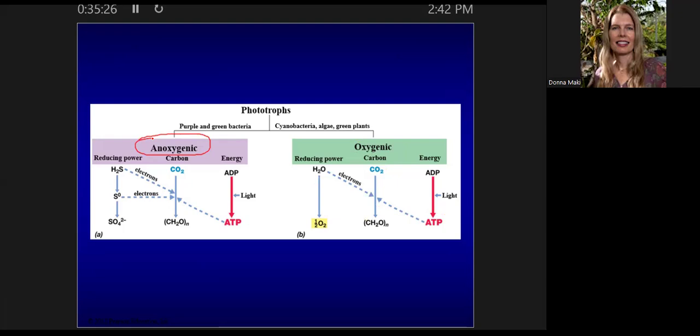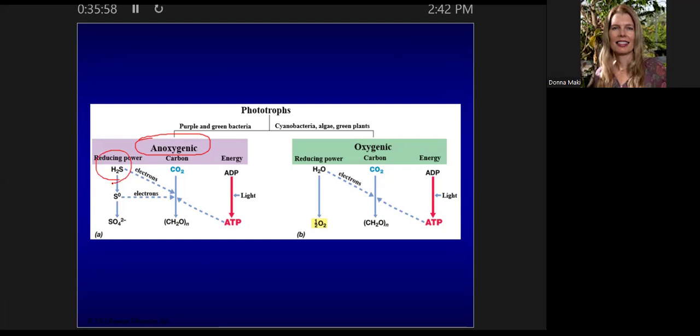They can't, because anytime you take electrons off water, you're going to get oxygen. So if they're anoxygenic microbes, that means they're using something else. They're not using water, and that's what you can see in this particular schematic. They're showing hydrogen sulfide being used instead of water. So anytime you hear anoxygenic photosynthesis, you know that means water is not the source of electrons. Can't be.